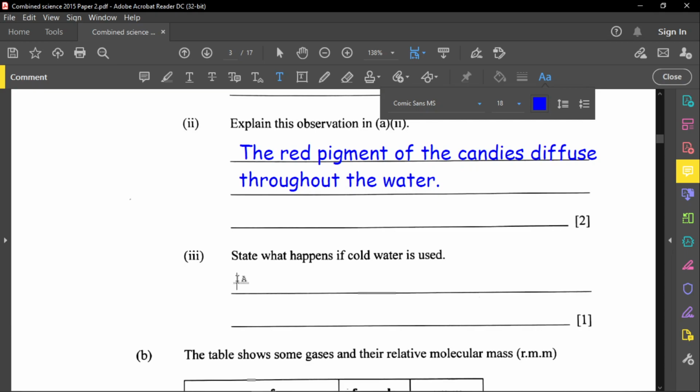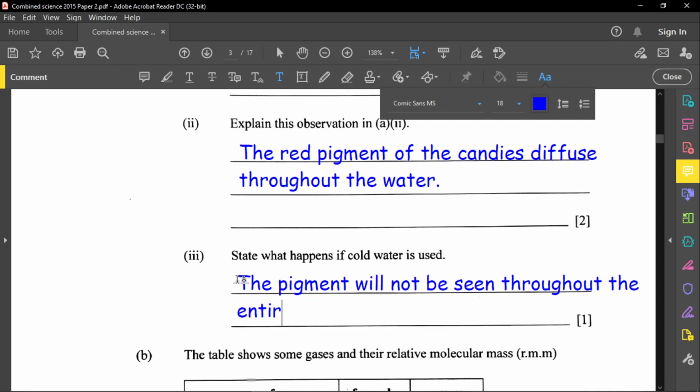Okay, so the pigment will not be seen throughout the entire water. So more like what will happen here, the bottom will be red and the top will be clear. Okay, so let's make a note right there.